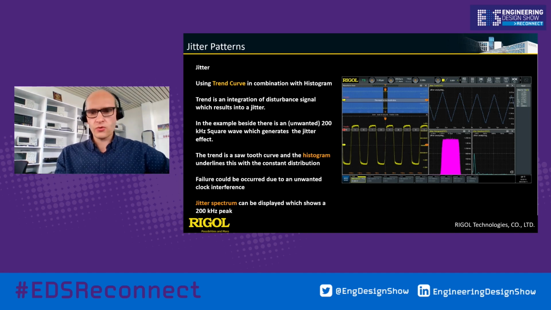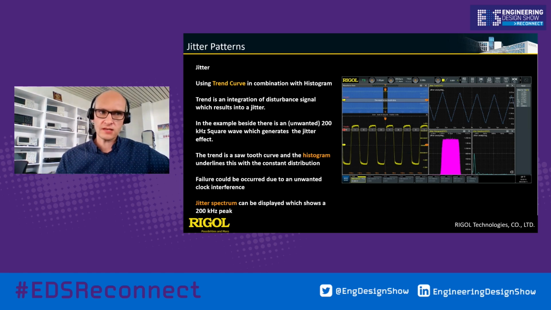With the next slide, you can see that we used a deterministic signal as the jitter source. And here you can see the trend graph. The trend graph displays the integration of the clock. For example, if we have another clock signal, which is a +1 or -1 signal, which is the distortion, the integration of a +1 is rising, it's an X, or of a -1, it's falling, so it's a -X.